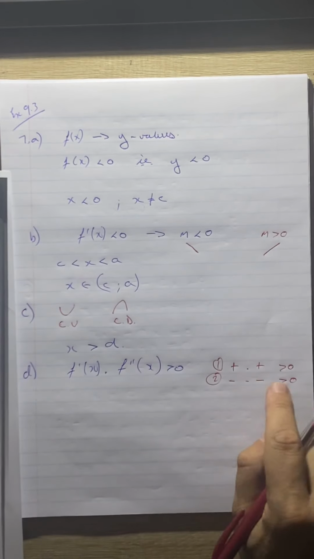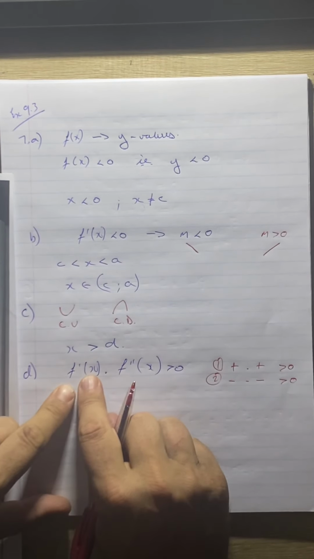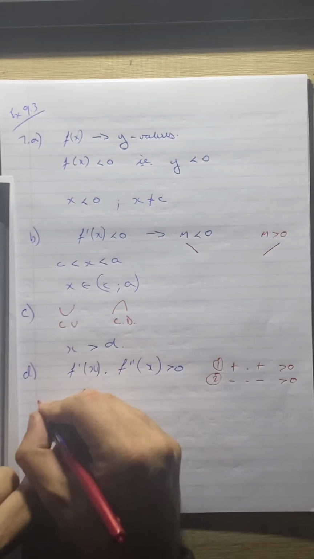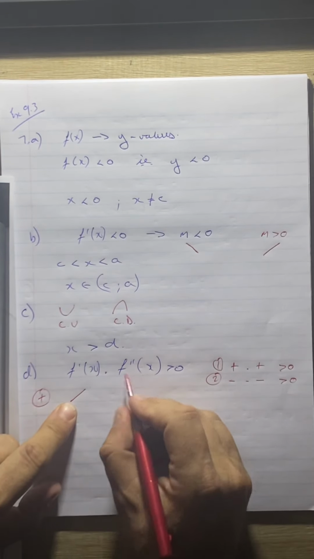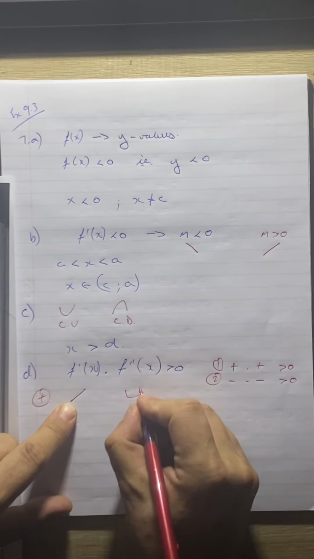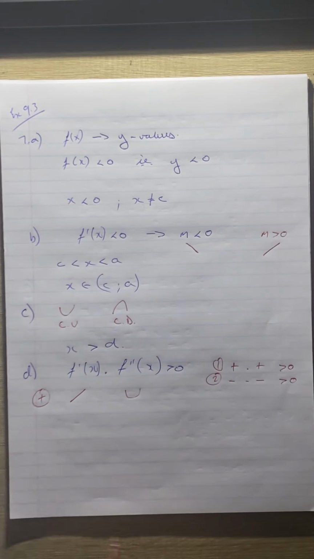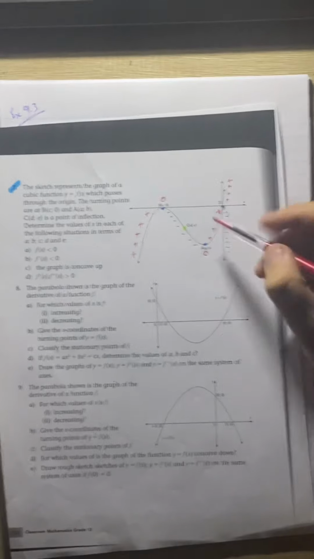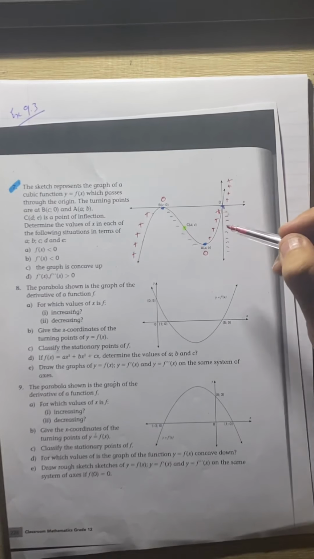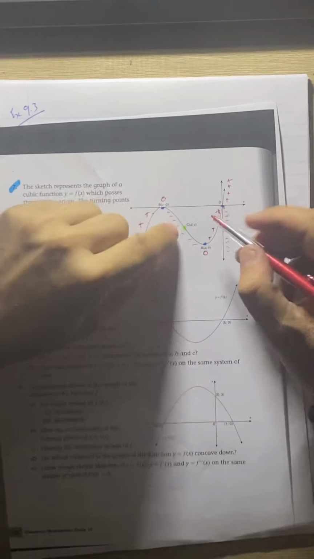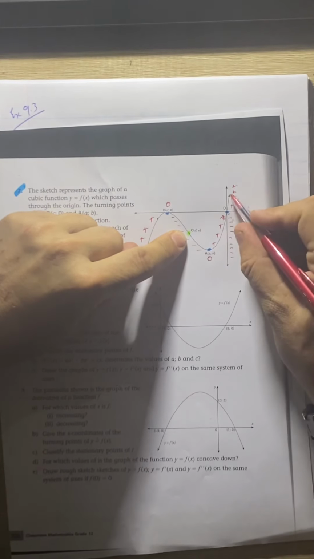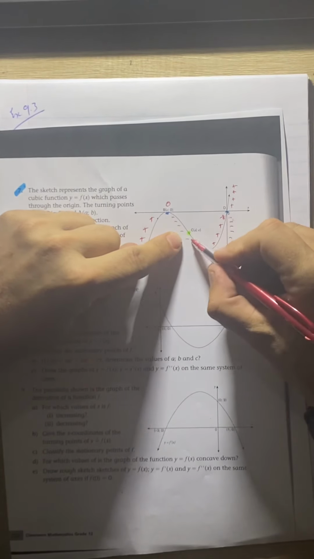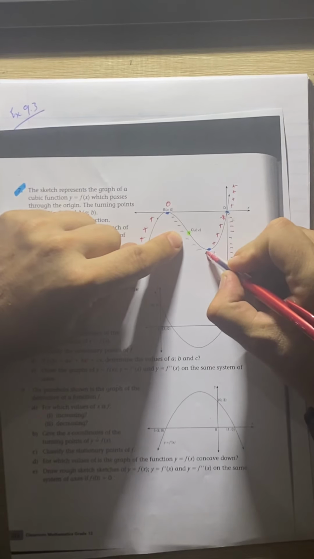Now remember, this is when they're both positive. For the second derivative to be positive, it must be concave up. So we're looking for where we have a positive gradient and our graph is concave up. The graph is concave up from that point of inflection and onwards, but you can see here our gradient is negative, so we're not interested in that bit.